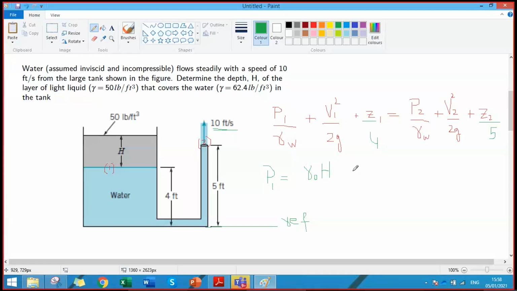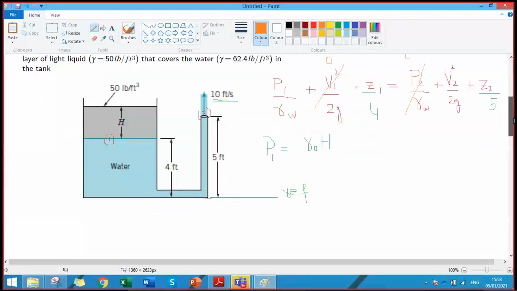What about V1? V1 is 0 because it's a large tank. What about P2? P2 is 0 because it is discharging into the atmosphere. V2 is given to us as 10 feet per second.